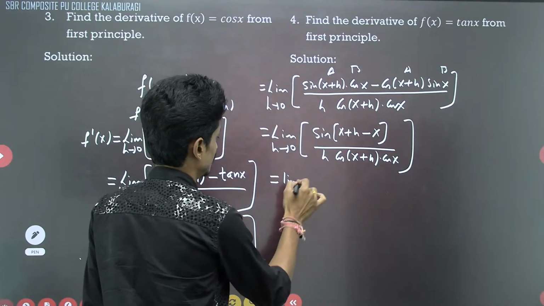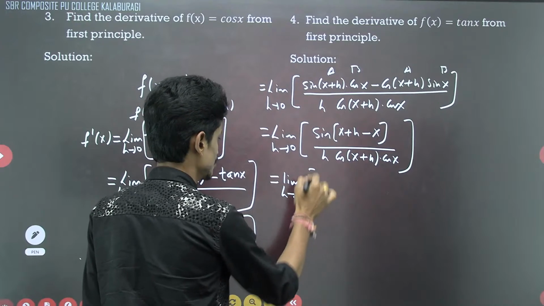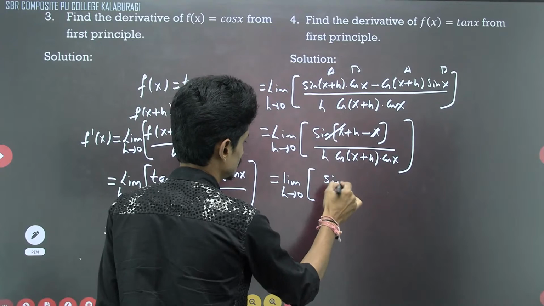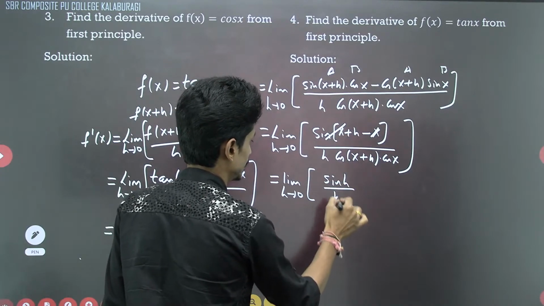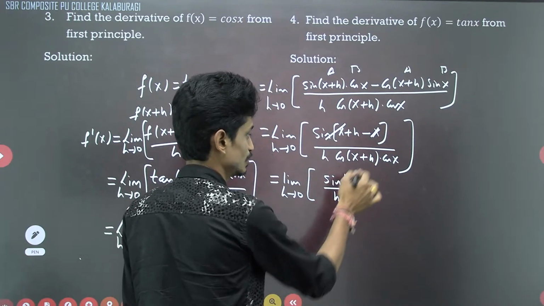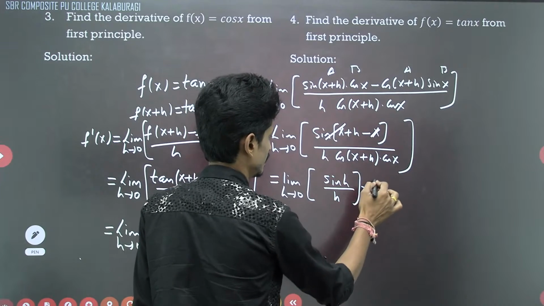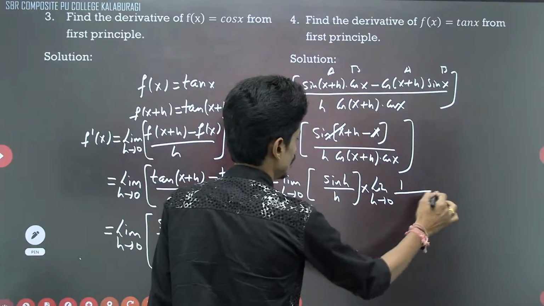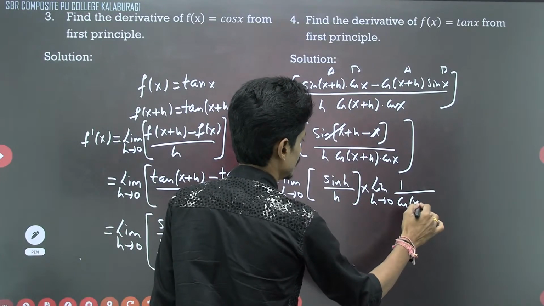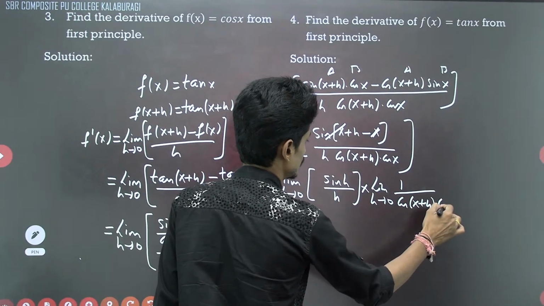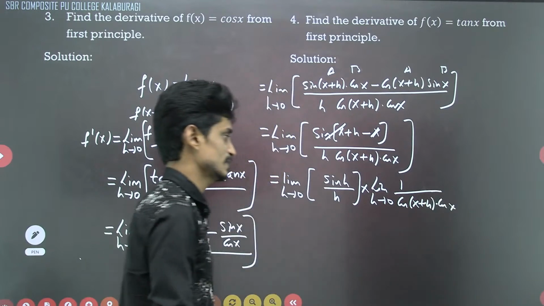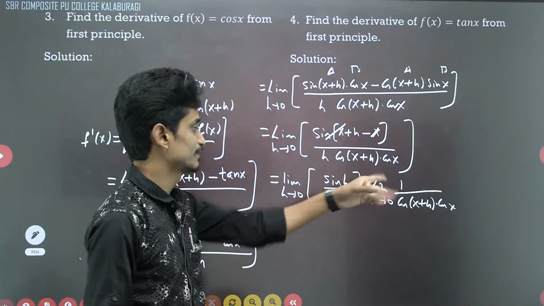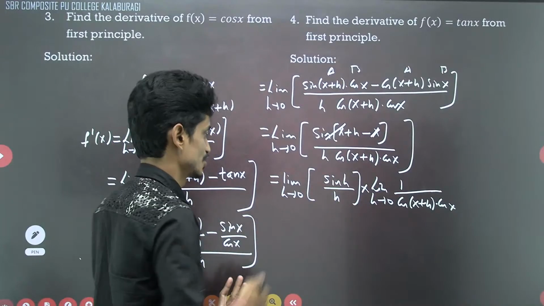After that, limit as h tending to 0. x cancels. What remains? Sin h divided by h into this value. I can separate it. That is the limit as h tending to 0 of sin h by h, into 1 divided by cos of x plus h into cos x. Limit of f of x into g of x is equal to limit of f of x into limit of g of x.